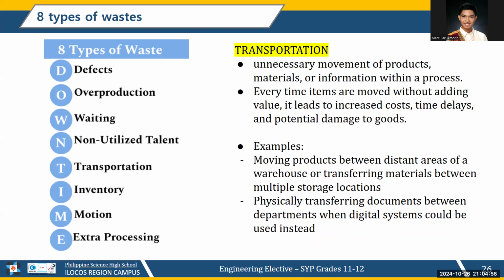Every item, if moved without adding value, leads to increased cost, time delays, and potential damage to goods. For example, if you move products between two distant areas, such as warehouses, there is a tendency to have delays in the transportation process, and it can even damage the goods if not handled properly and correctly.